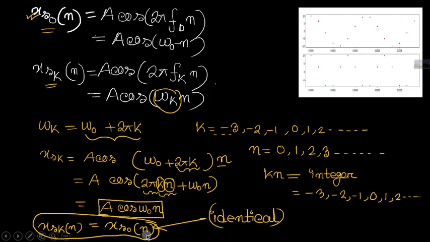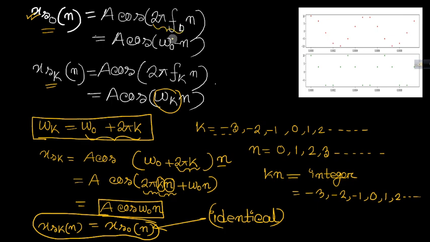And why are these two signals identical? Because their angular frequency omega k is equal to omega naught plus 2 pi k, and for this relation the two signals are identical. That means two signals will be identical if omega k is equal to omega naught plus 2 pi k.